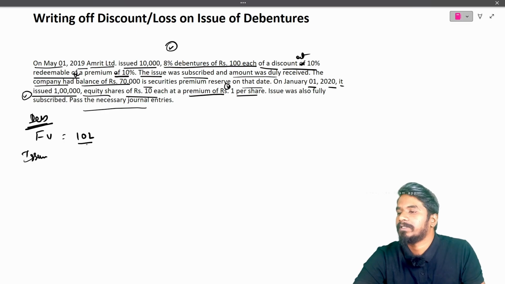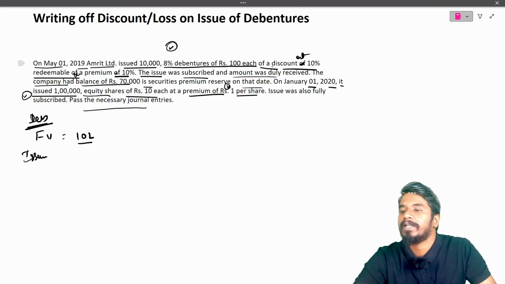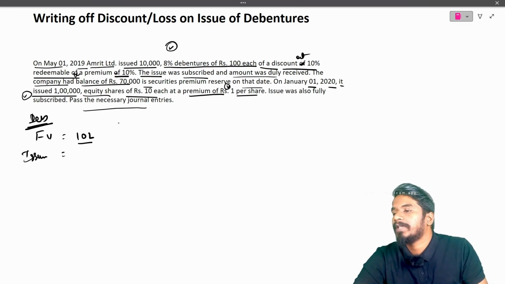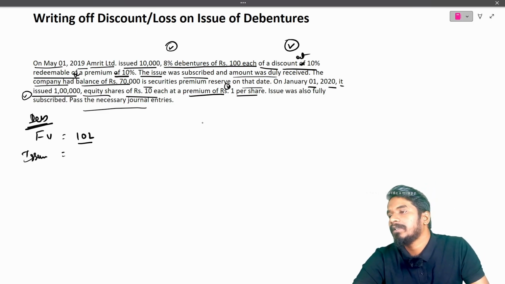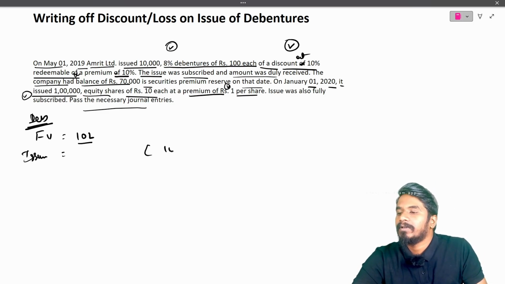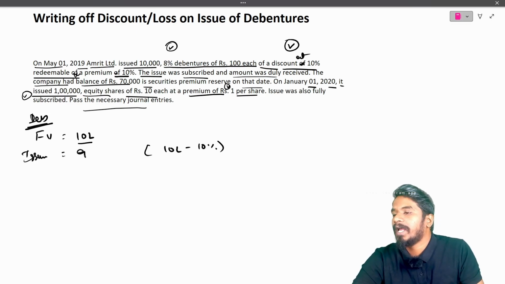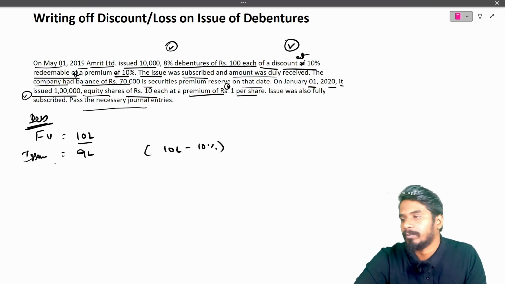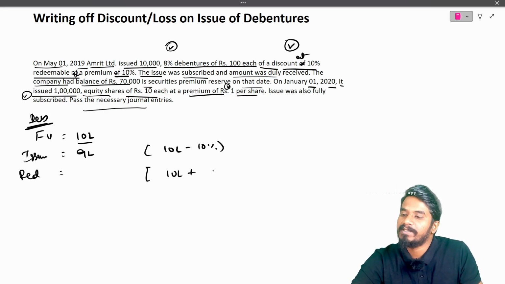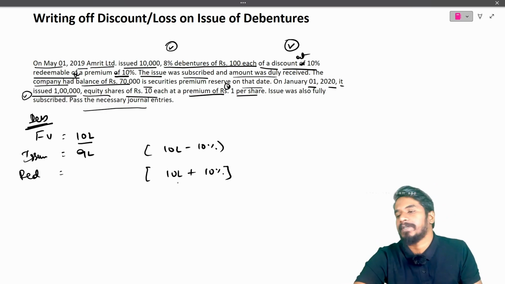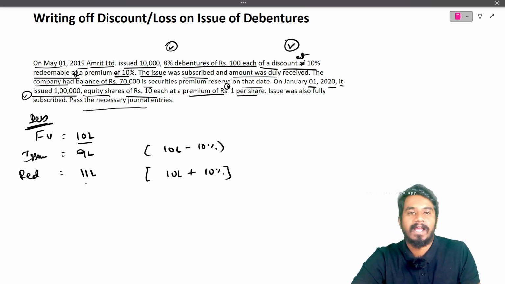Face value was 10 lakh rupees, that is 10,000 into 100, and they have issued at a 10% discount, which means 10 lakh rupees minus 10%, which will come out as 9 lakh rupees. And then redeemable at a premium of 10%, which means 10 lakh rupees plus 10%. We need to pay extra 10%, which means 11 lakh rupees.